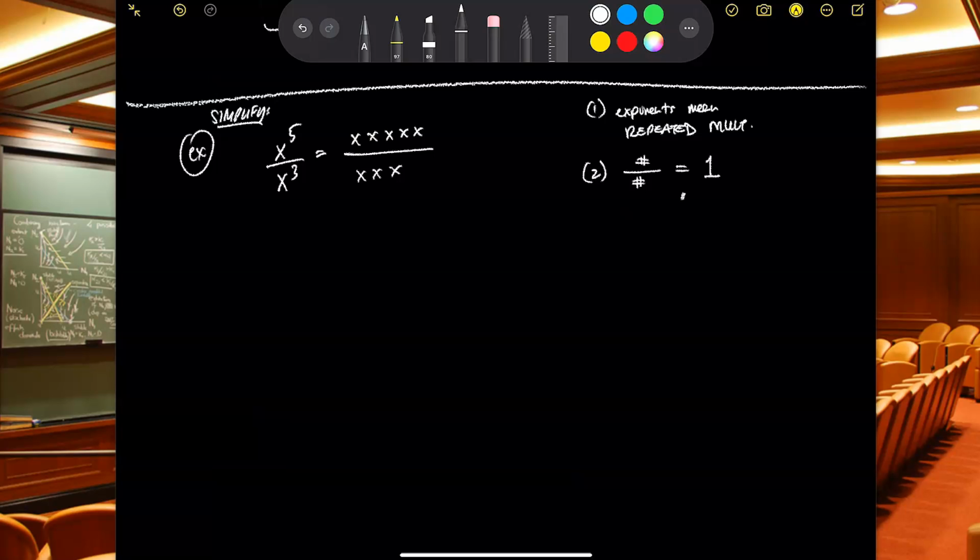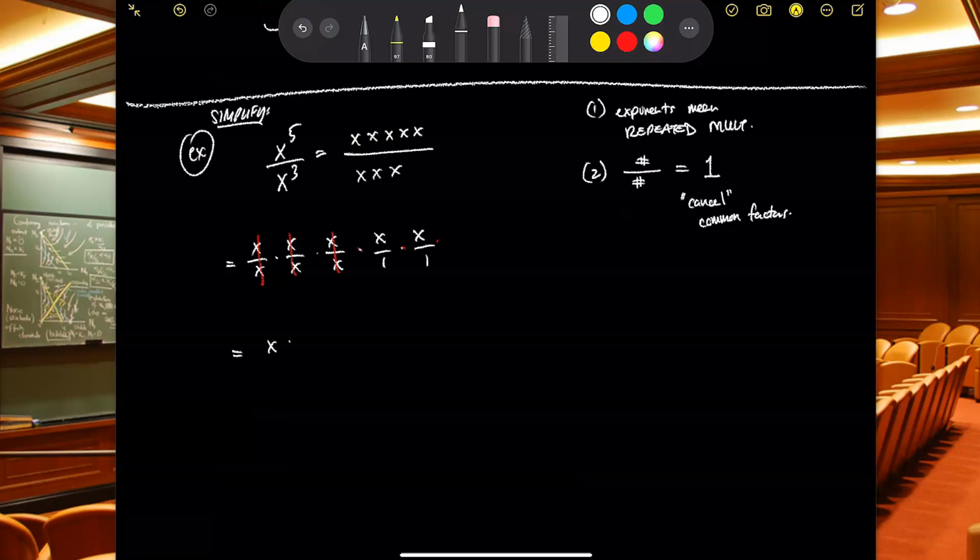And so this is how we effectively cancel common factors to simplify, because we don't need to write extra ones everywhere. So what's really happening is that we can rewrite this as a series of factors like this, times x over 1 times x over 1. And then this is just 1 times 1 times 1 times x over 1 times x over 1.